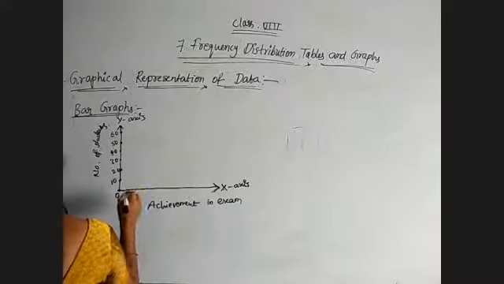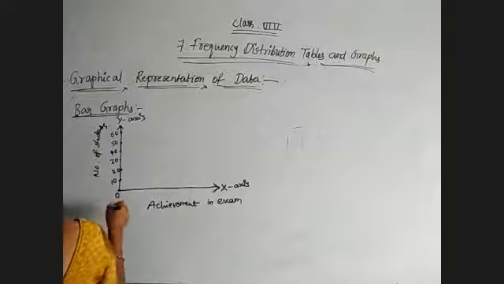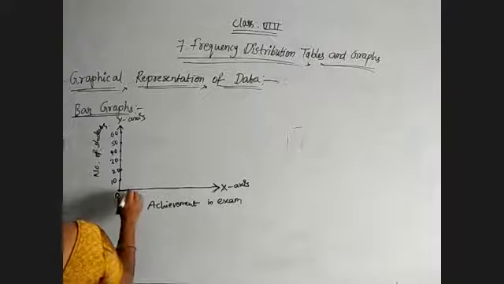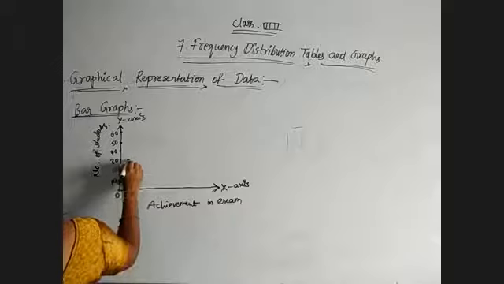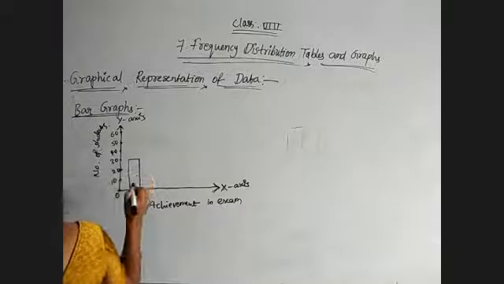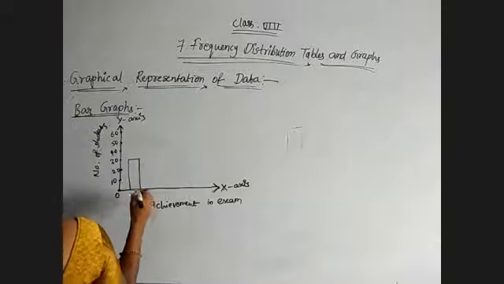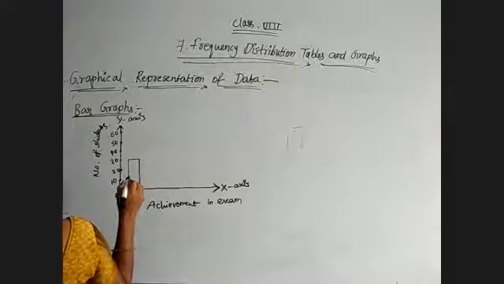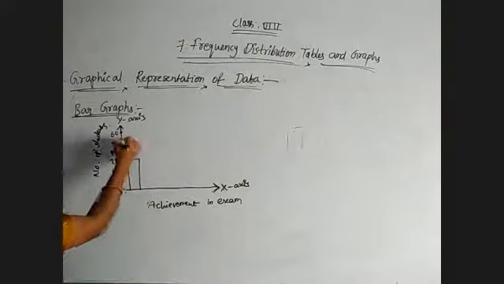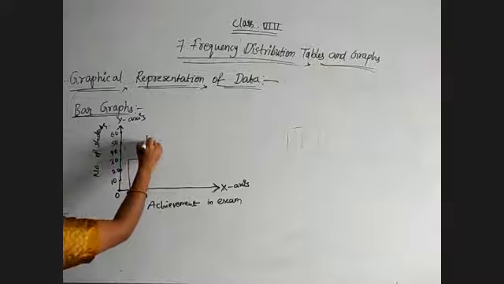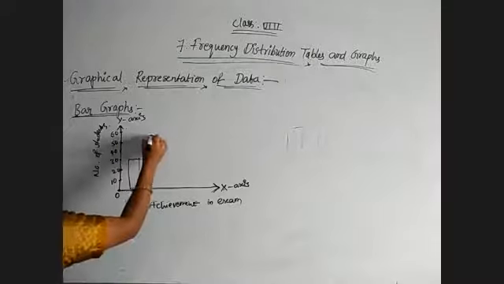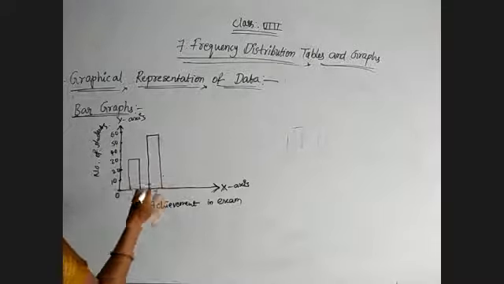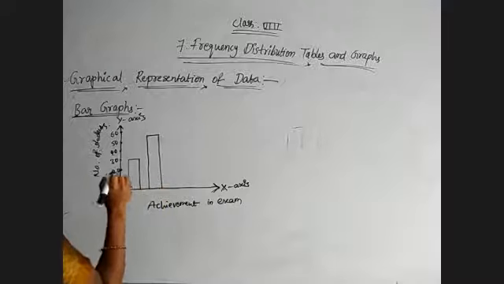So A grade, 30 people are there. B grade, 55. So between 50 and 60 we will get a smaller line, that is 55 given. Next, C grade, 40 students given.